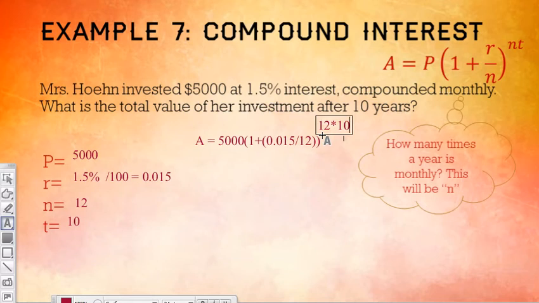Now we just solve it. So you could, if you wanted to, plug it all into your calculator at once, or you could do a little simplifying first and then plug that in if that makes you a little bit more comfortable.